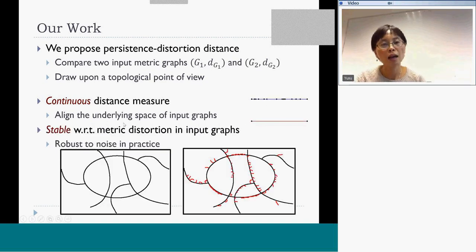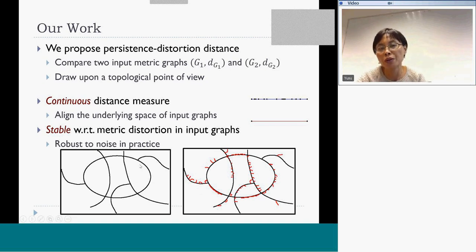Second, our persistence-distortion distance also has a stability guarantee, namely, if the input graph is perturbed a little bit, as measured by Gromov-Hausdorff distance, then our persistence-distortion distance will also not change much.